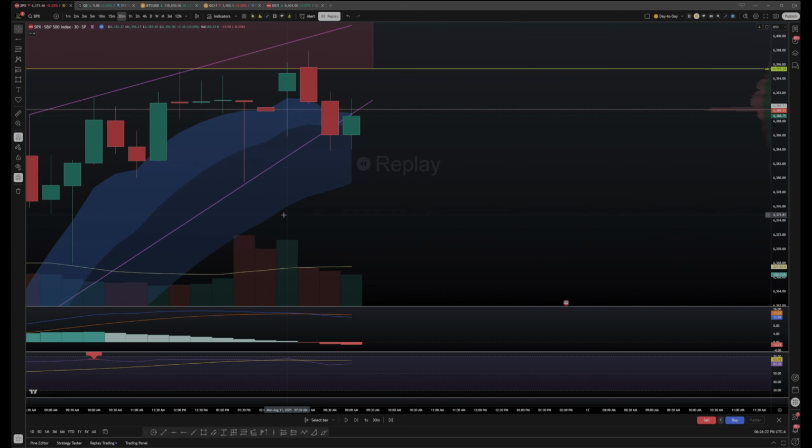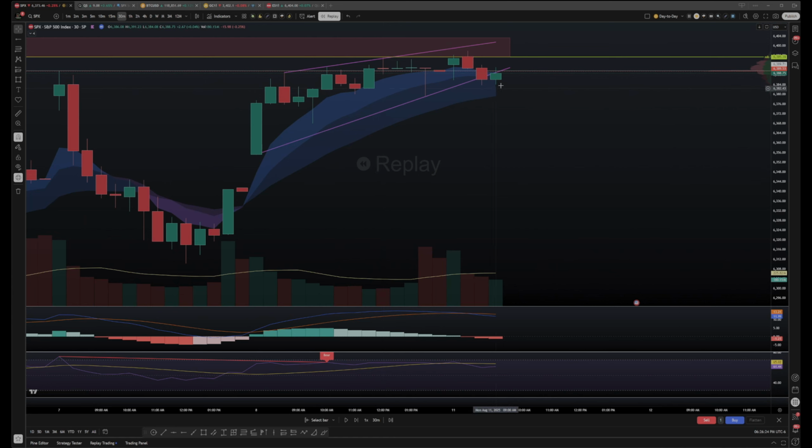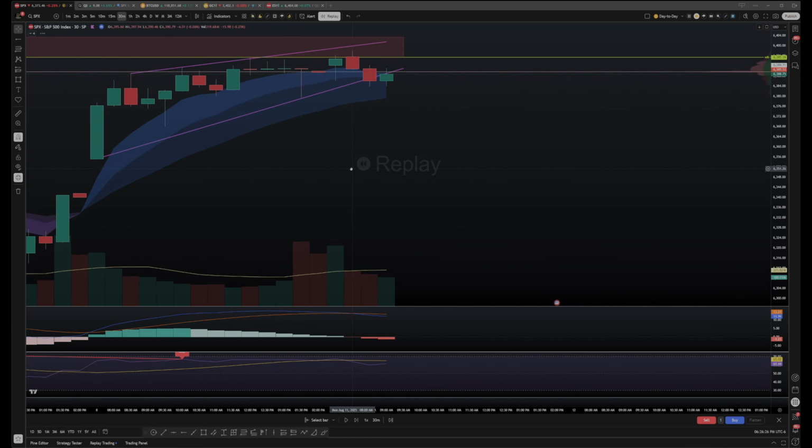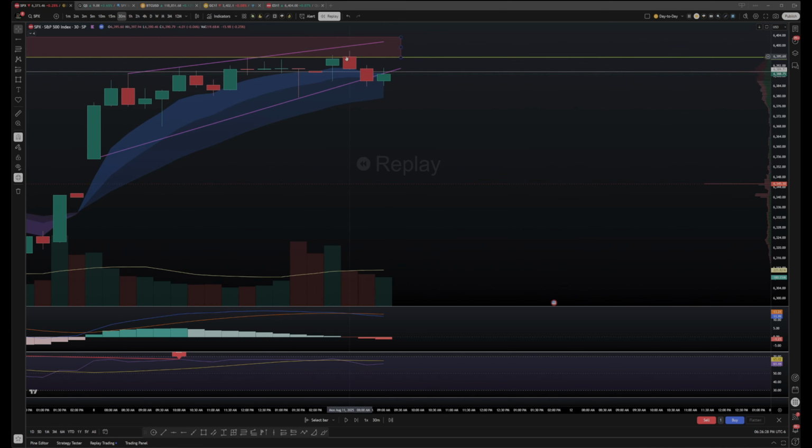And it also closed kind of underneath this wedge, but this is not considered to be a breakdown retest. Don't get that confused because there was no breakdown. It really just came down and tested it, and it said, you know what, maybe we're just going to expand this a little bit here because that was not a breakdown.